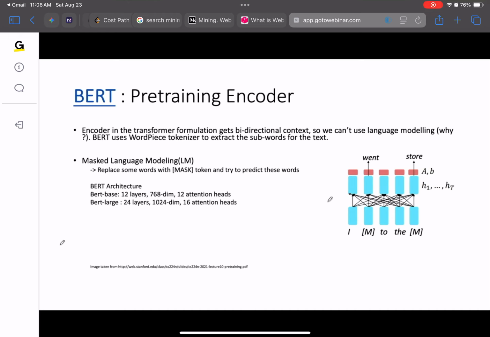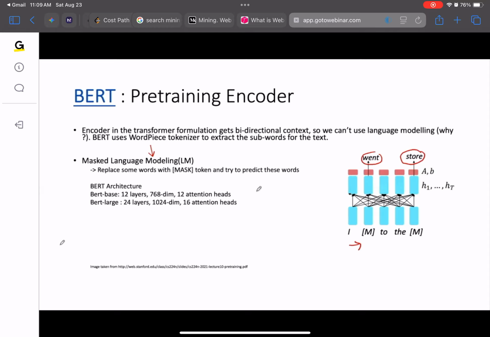So we use a different pre-training approach for the encoder, which is masked language modeling. We replace some words in the input sentence with mask tokens, pass the entire sentence to the encoder, and then try to predict the mask tokens. That is the typical objective for pre-training the encoder.